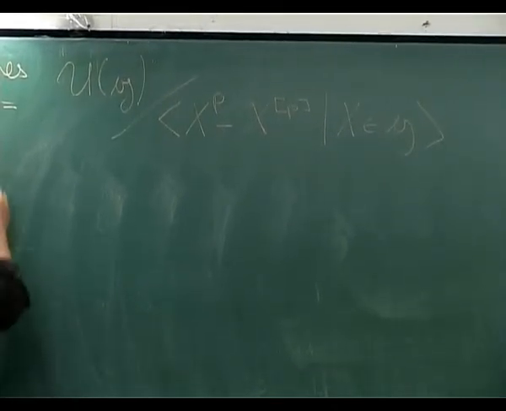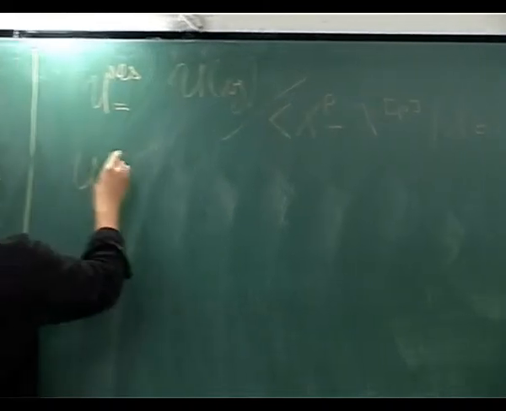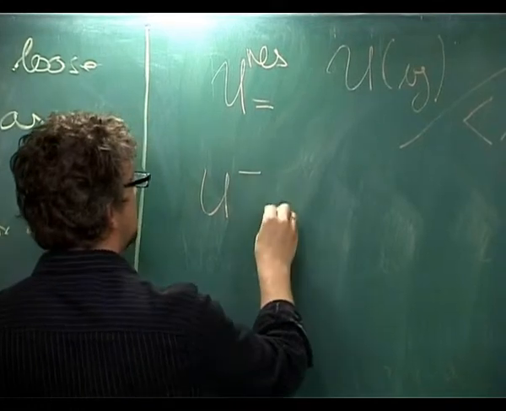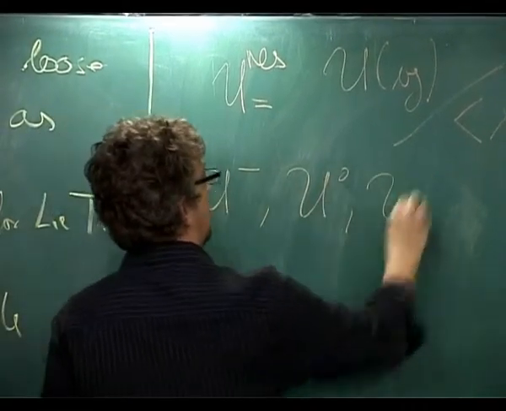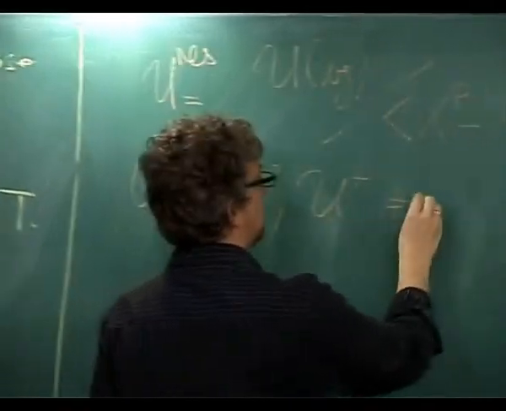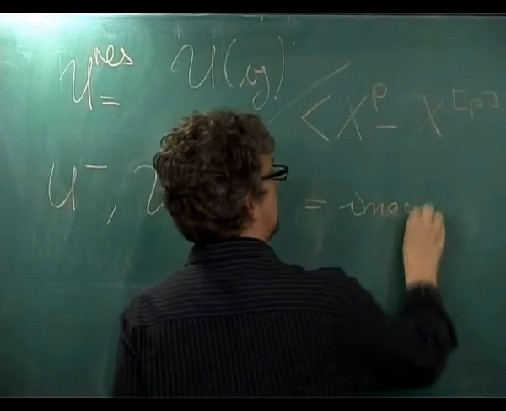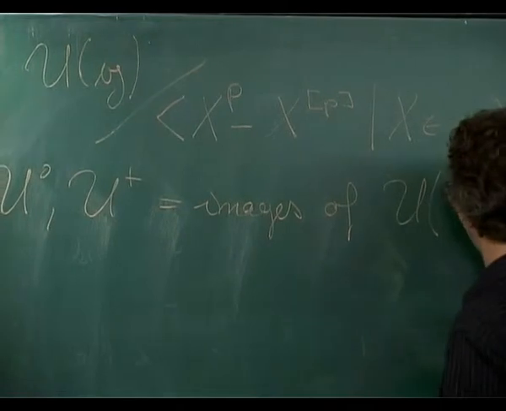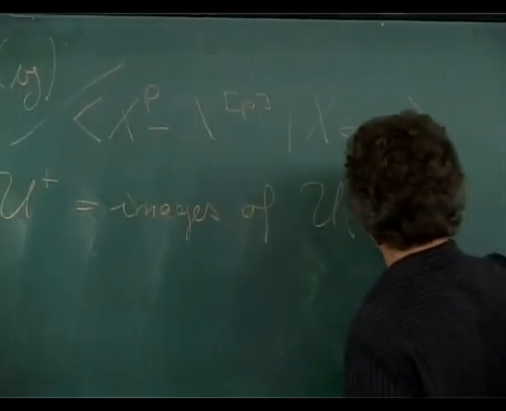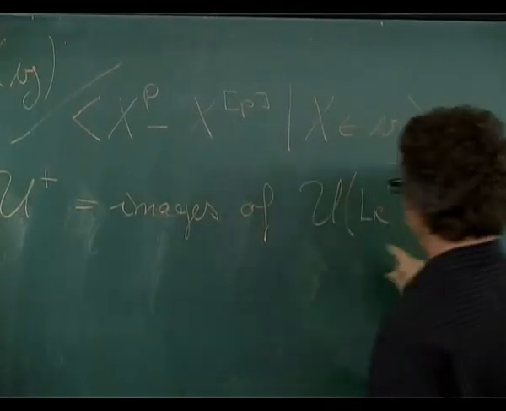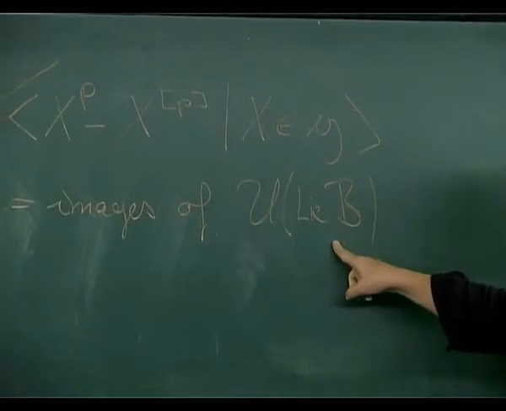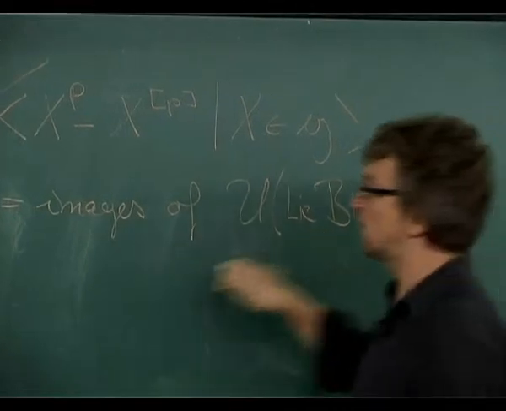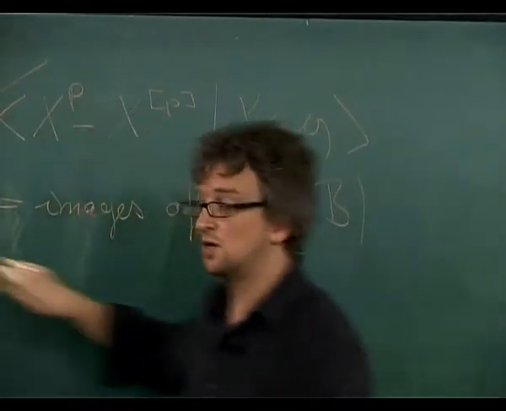And inside there we have U minus, U0, and U plus. These are the images of the universal enveloping algebra of the Lie algebra of the Borel. Recall that our choice of the Borel doesn't really matter. Our choice of the Borel corresponded to the negative roots.